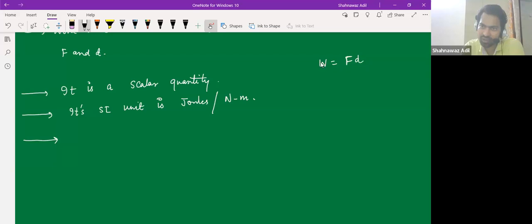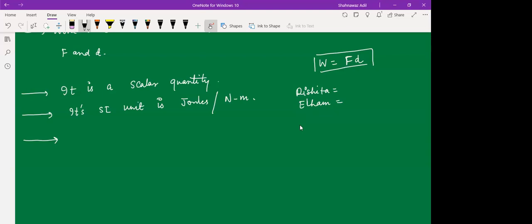This is F dot s. So please calculate the dimensional formula of work. You guys know how to calculate the dimensional formula, right? Okay, so please calculate and tell me.